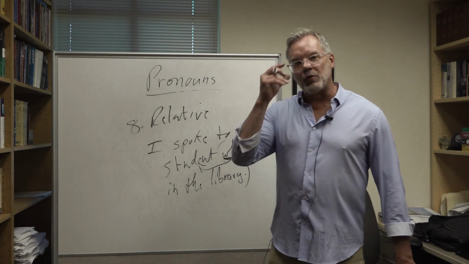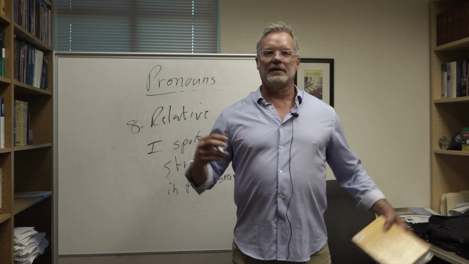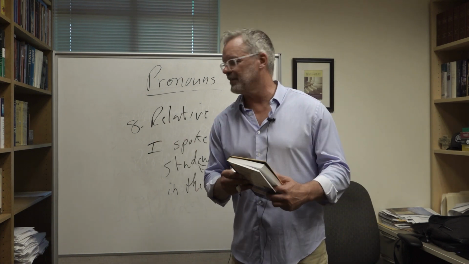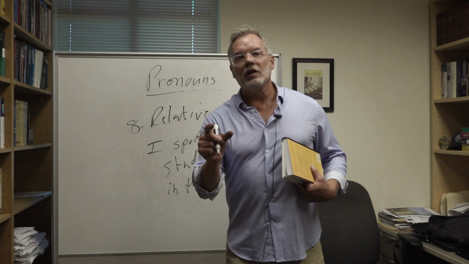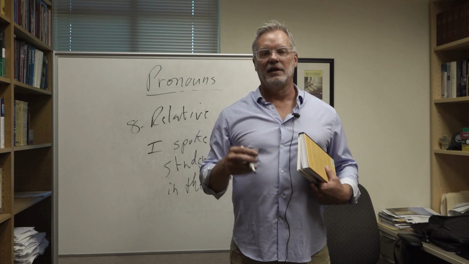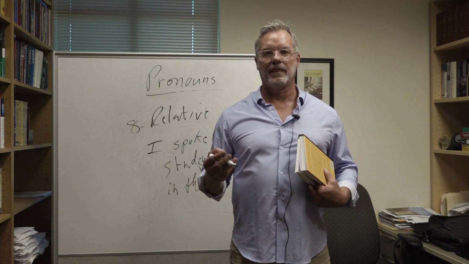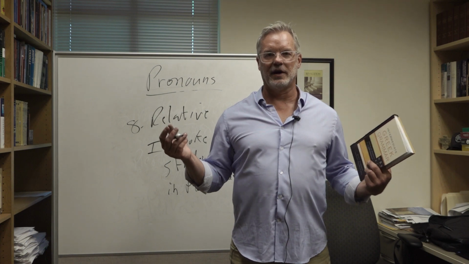The key with relative pronouns is basically, and I say basically because there are exceptions, the relative pronoun will agree with its antecedent in gender and number. Now, why didn't I include case? Why just gender and number?